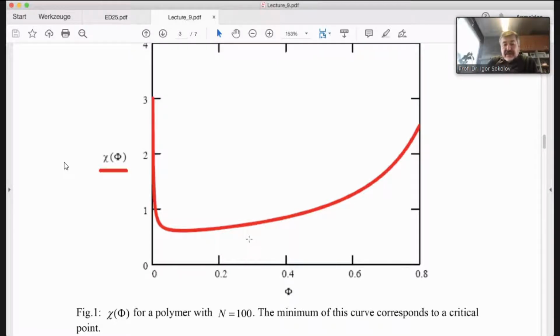You are above 1/2, and then lowering the temperature, you come up to a spinodal. What happens before the spinodal? Who knows? We will discuss it. What happens above the spinodal is clear. Your system phase separates into polymer-rich and polymer-poor domains.